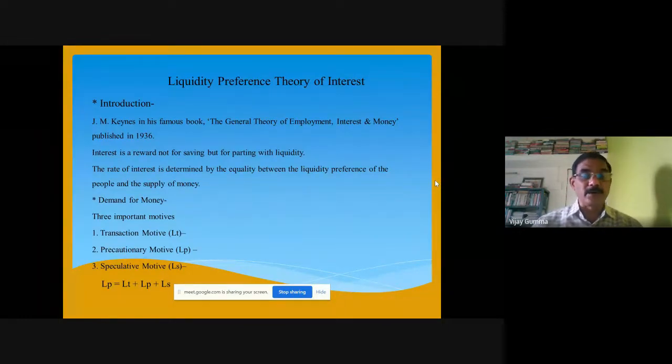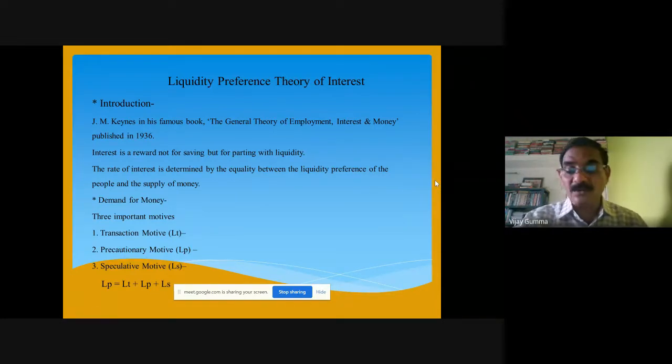Let us see first of all demand for money for transaction motive. People hold a certain amount of their total income in the form of cash to meet their day-to-day needs, routine and regular transactions.